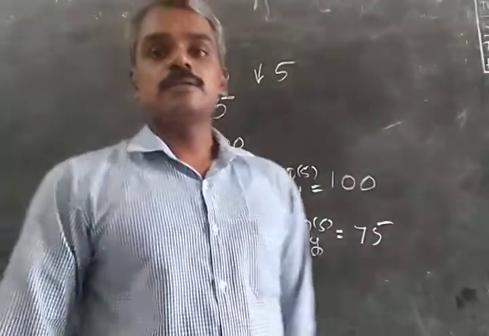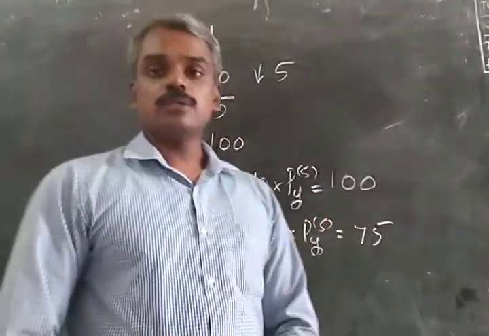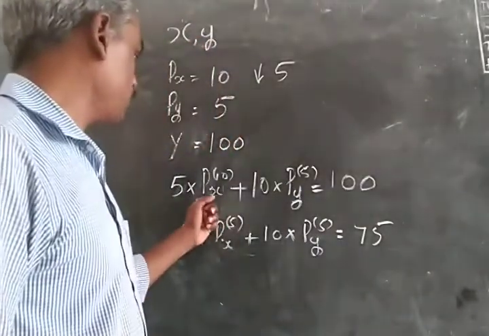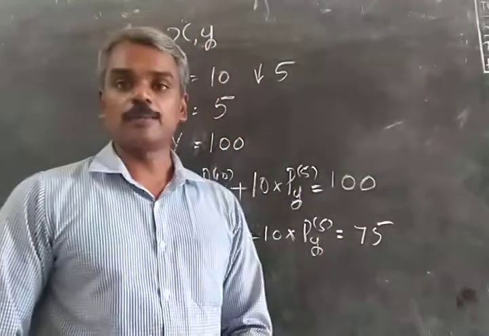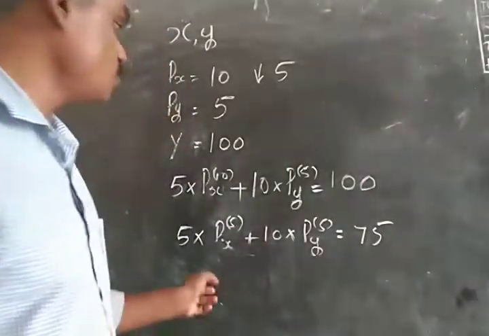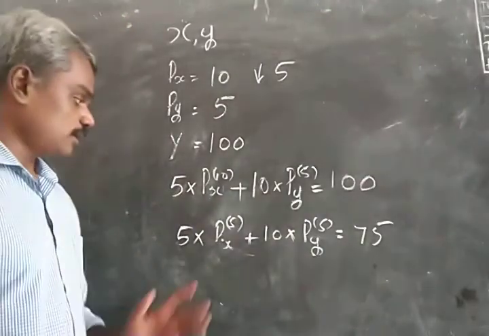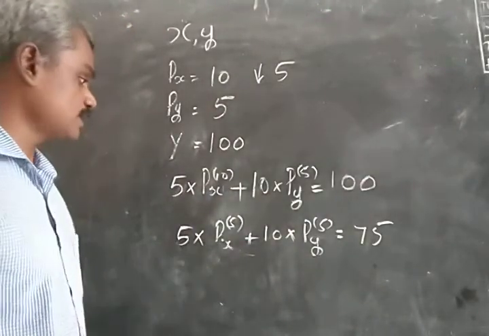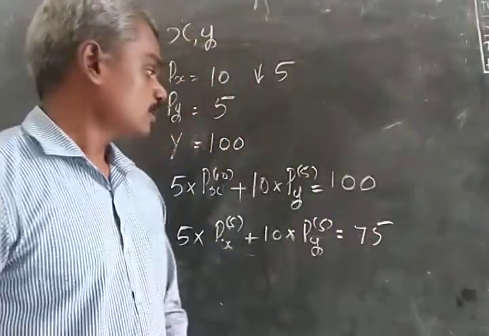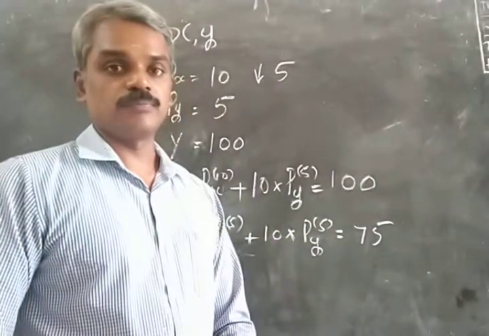So in fact, for the consumer, in the earlier situation, he had to spend 100 rupees to get 5 units of X and 10 units of Y. After the fall in the price of X, the consumer spends only 75 rupees in order to consume 5 units of X and 10 units of Y. This is equivalent to a real increase of 25 rupees in income.